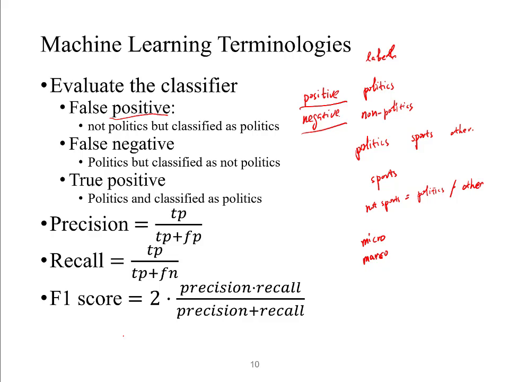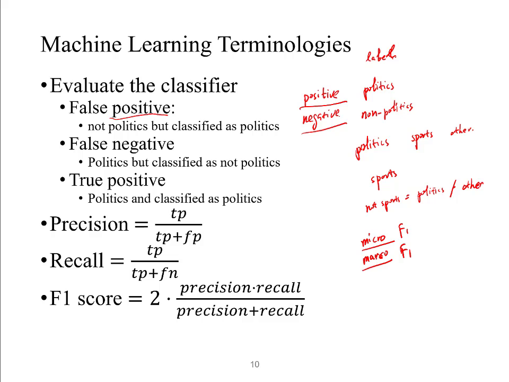So with all these definitions clear here, back to micro and macro, say micro F1 and macro F1. Micro F1 would be: you take each and every element in the testing data.